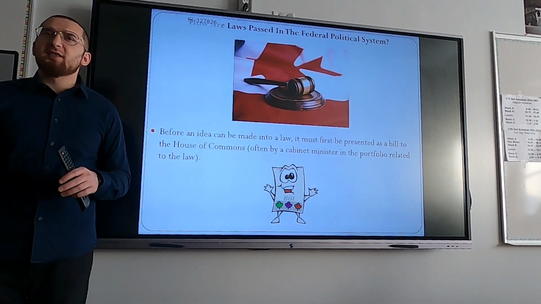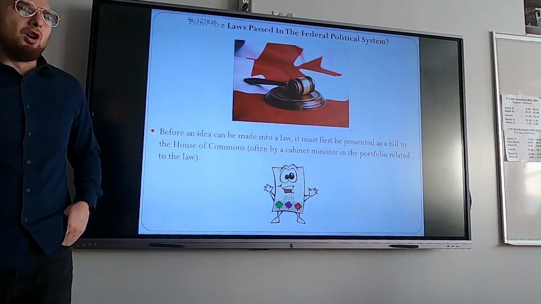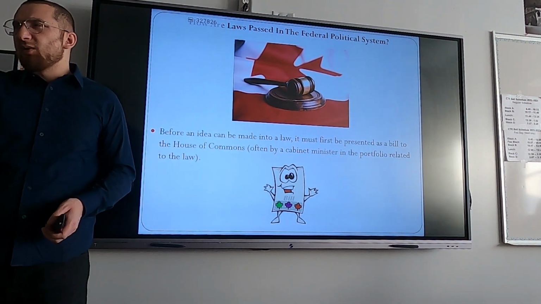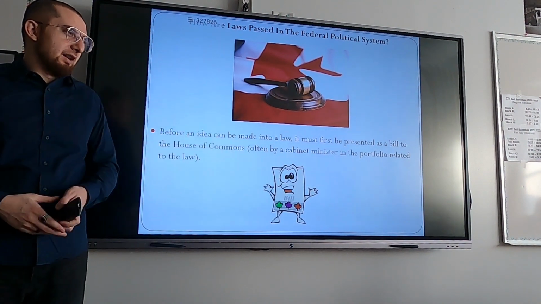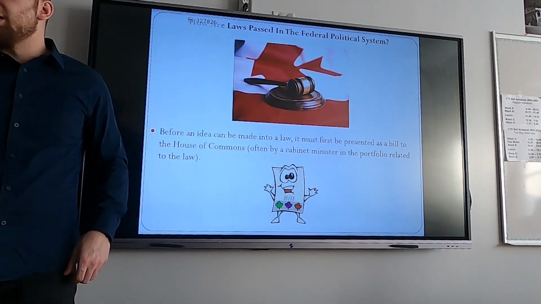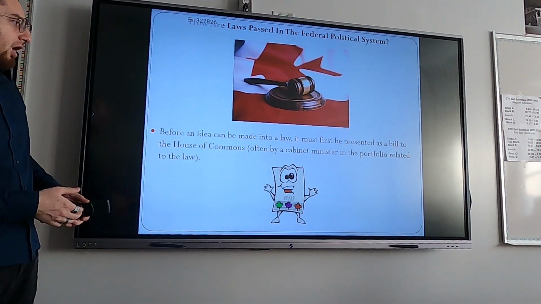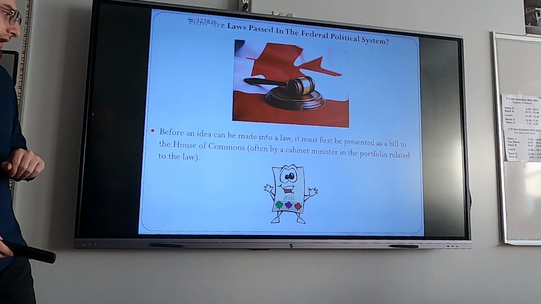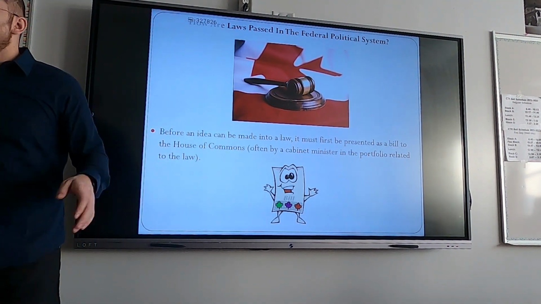Maybe they provided reasons, like scientific ones. If three of us were smoking a cigarette in this room, it would impact everyone's lungs, and that's harmful. So that idea turns into a bill. It's presented to the House of Commons by a cabinet minister, and then the different levels of government look at that law.